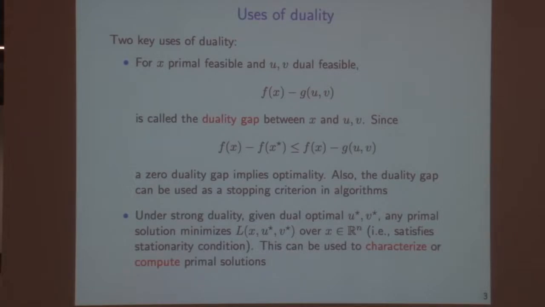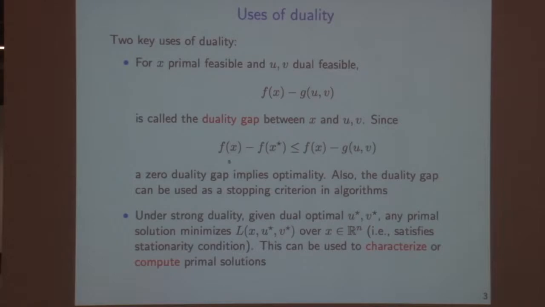Well, that implies that f of x is no farther than 0.01 from its optimal value, and g of u, v is no farther than 0.01 from its optimal value. So the duality gap is a bound on the suboptimality that we're seeing at each of those iterates. That comes because g of u, v always forms a lower bound on the primal optimal value f star.